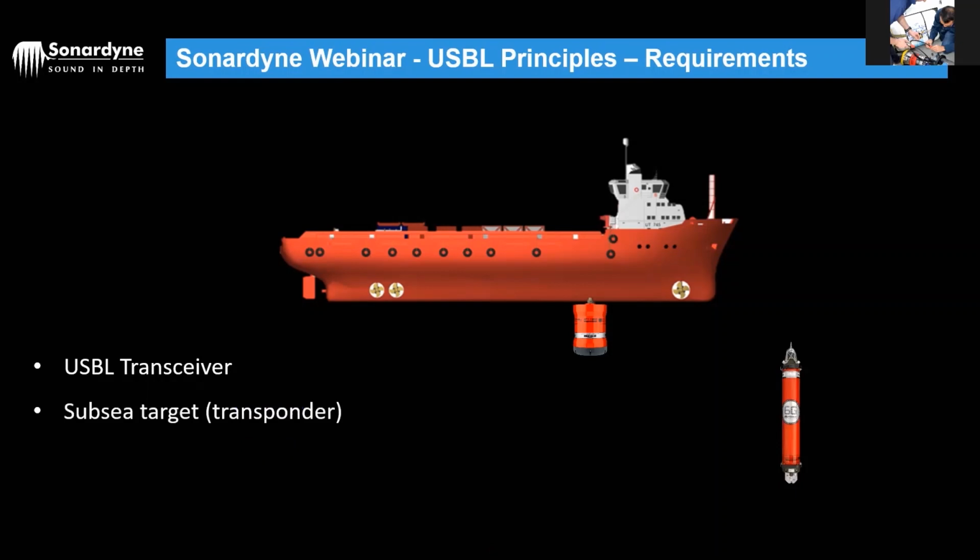I'll give you guidance through those in a second. But first of all, obviously in the middle there's going to be a computer and some other stuff required, which we'll talk about a bit later on. But just looking at the acoustic side of things, these two are the key parts of a USBL system. The bit that's making the sound, the bit that's responding, and then basically being measured at the top again.